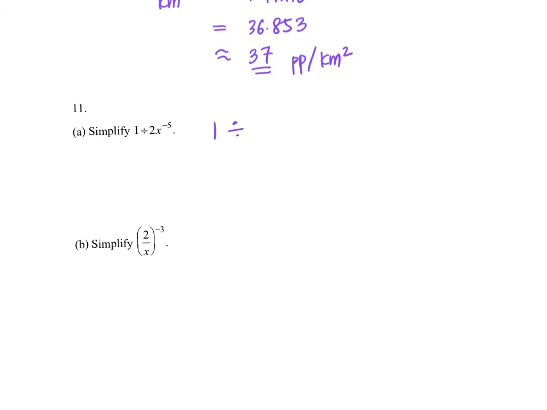1 divided by 2x to the power minus 5. The negative power gives to who only? Only to X, not to 2. Yes, this one must split. Who is the one that needs to move house? 2 or X or both of them?